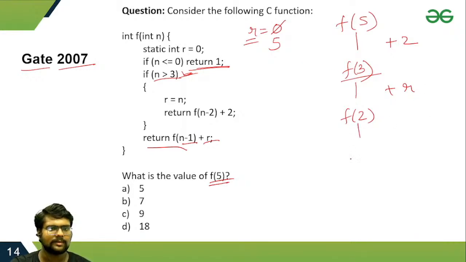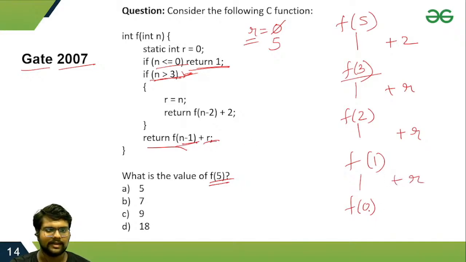Then when f of 2 will be called, again 2 is compared with 0 and 3, so these two conditions are not satisfied. So f of 1 will be called and r will be added in the result of this. Then f of 0 will be called here, and when we called f of 1, again this if condition is not satisfied, so f of 0 plus r will be called.